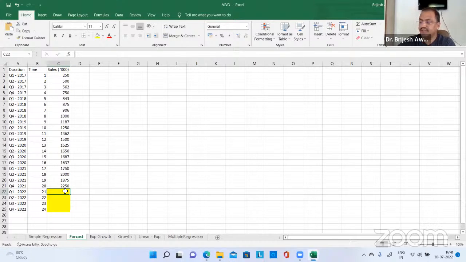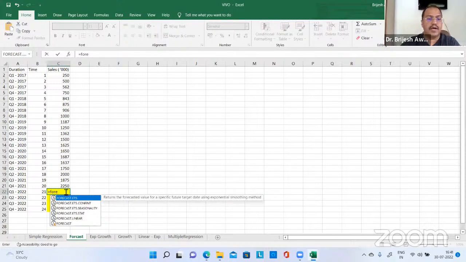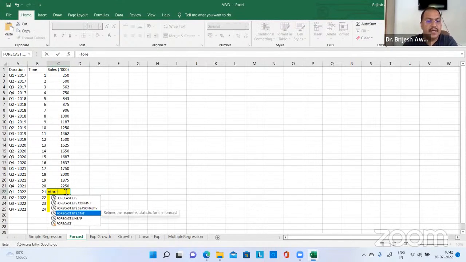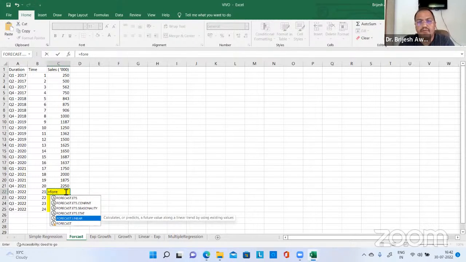So I have a function that is forecast, equals to FORECAST.LINEAR. With the help of this function, I can calculate the expected sales during Q1 of 2022, Q2 of 2022, Q3 of 2022, as well as Q4 of 2022.